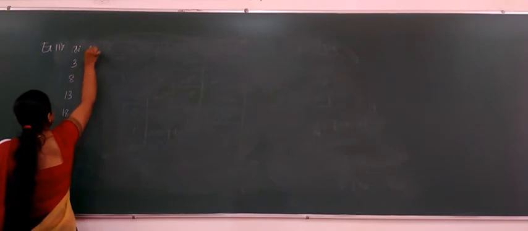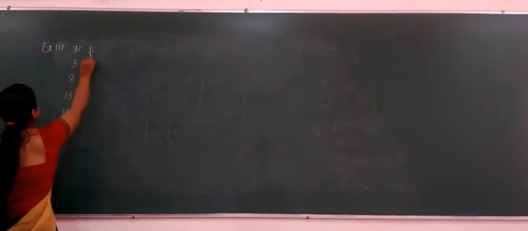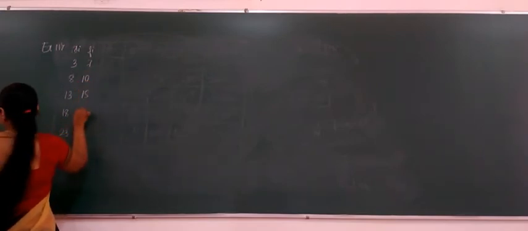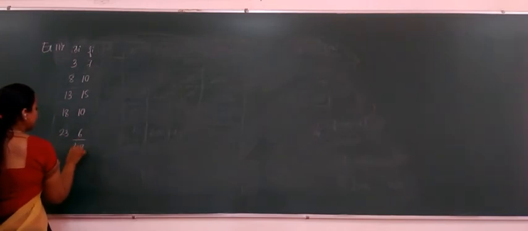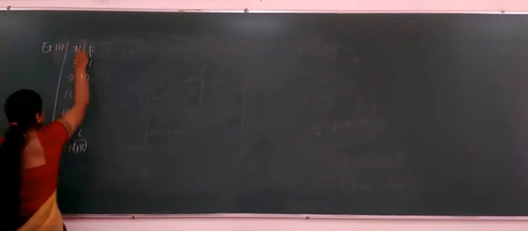And the frequencies given are 7, 10, 15, 10 and 6. So the total frequency will be 48. That is your N. Now we need to calculate the standard deviation.